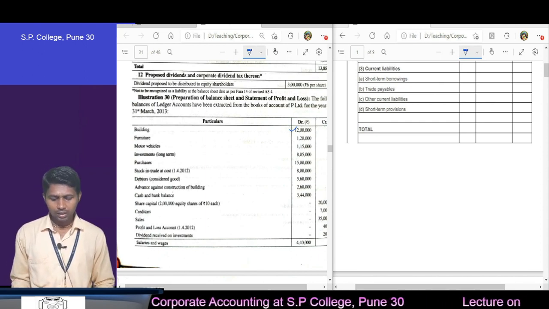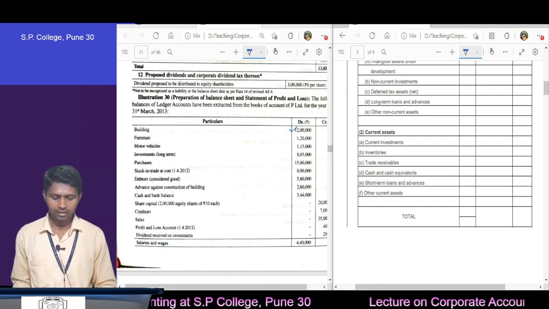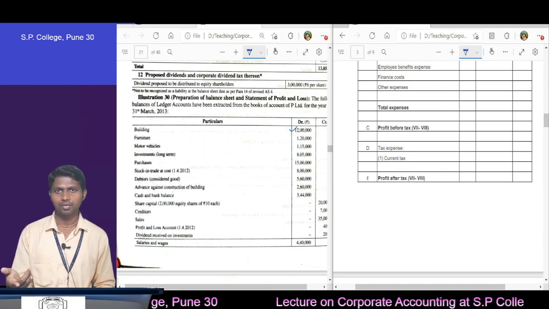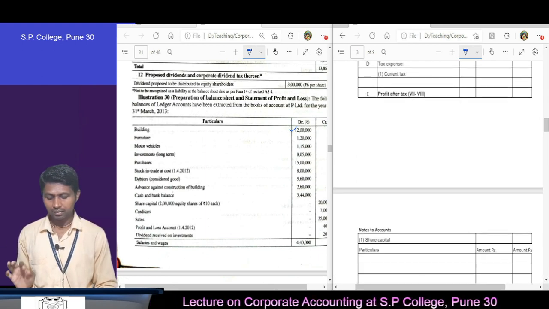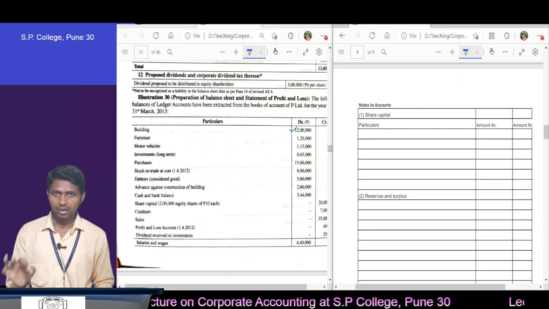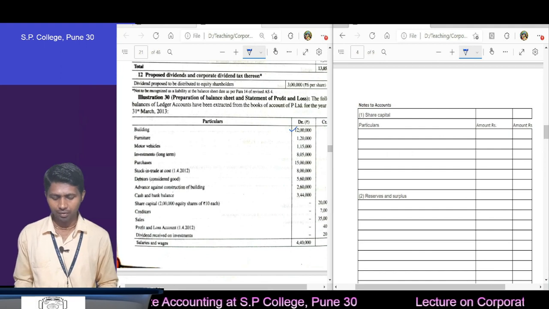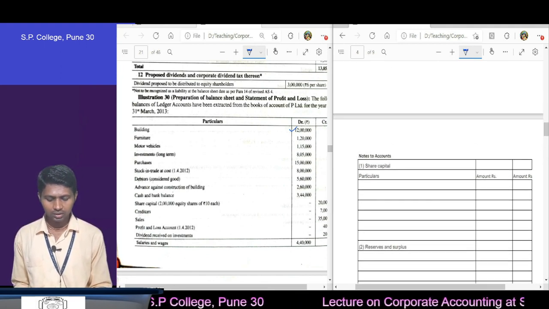In notes to accounts, our game is very simple. First try to write in notes to accounts. If space is not available, check the main format for where to write, and write that in the main format. But if we have a separate place in notes to accounts, then use that place. Don't directly write in the main format. In notes to accounts, you will find notes like this.